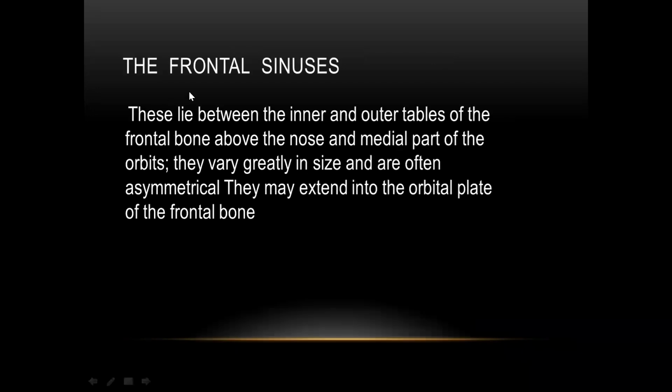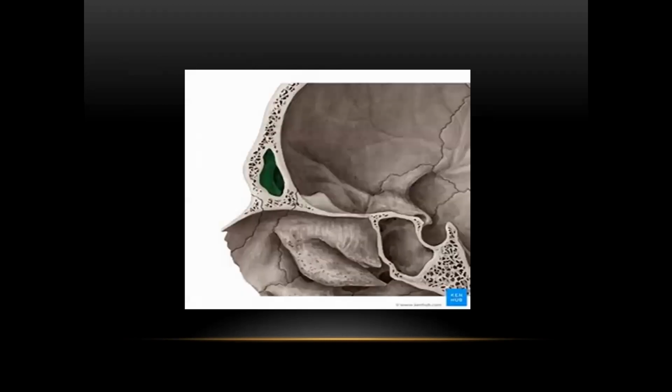The first one is the frontal sinus. The frontal sinuses are paired; most of these sinuses are paired. The frontal sinus is located between the inner and outer table of the frontal bone. This is the frontal sinus between the inner and outer table of the frontal bone, and its location is medial to the orbit, in the supraorbital area.